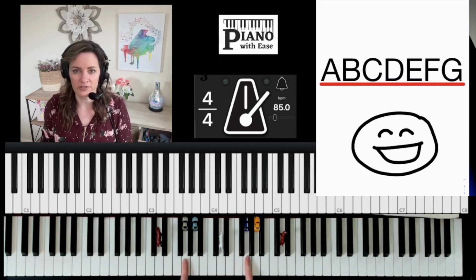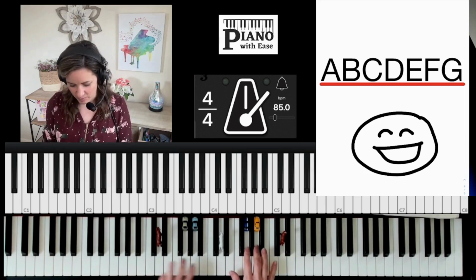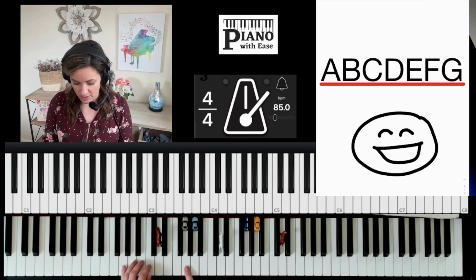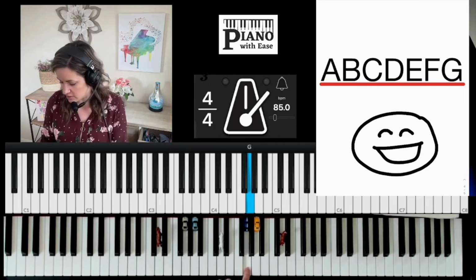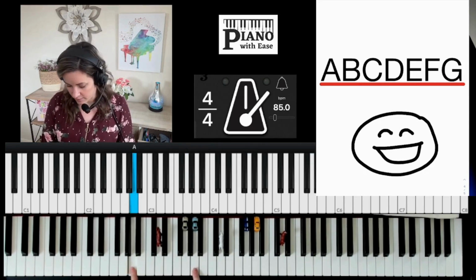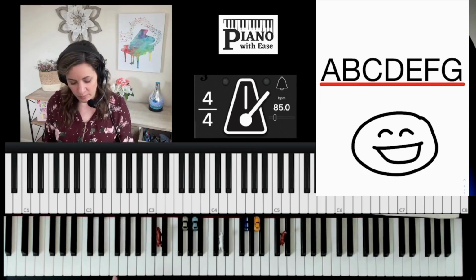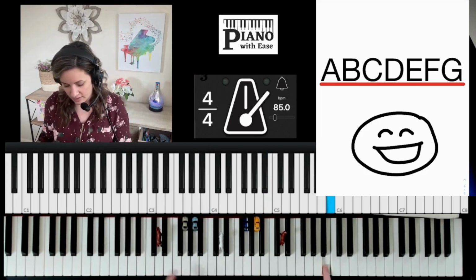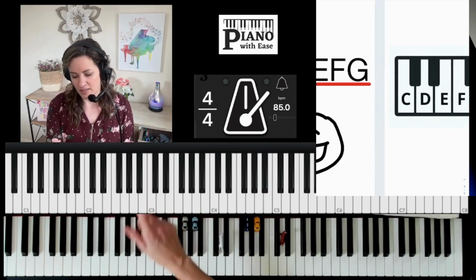G's we call the first parking spot, because within the 3 black notes, these 2 notes we call parking spots, a visual way to remember. The A's we call the second parking spot. And then B's of course are on the right of the 3 black notes. And then we're back to the C's.